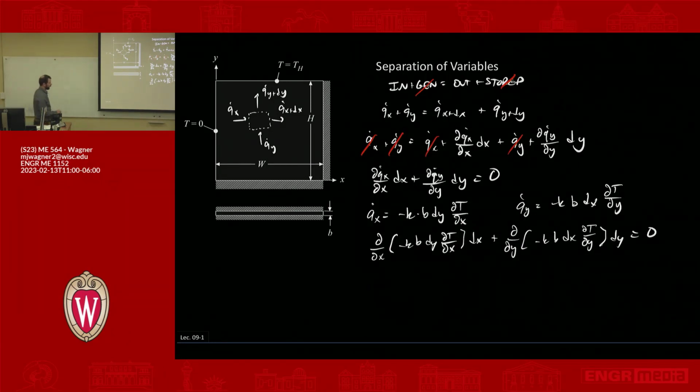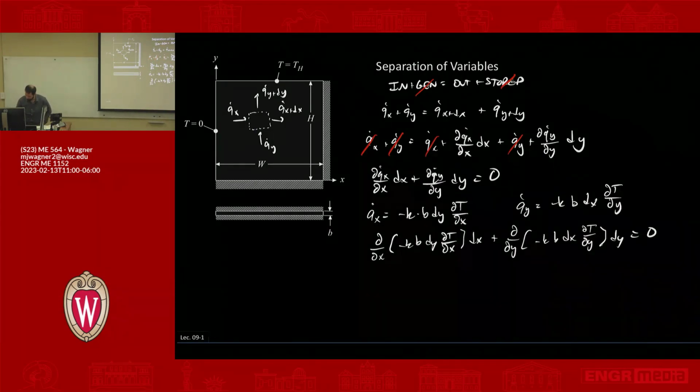So now we have conductivity is a constant, b, which is the thickness, that's a constant. What else? dy does not depend at all on dx, right? So dy can actually come out to the front, where dx also doesn't depend on dy at all, so dx can come out to the front. And if we do that, then we have dx times dy, and then in this term we have dx times dy, and those can cancel out.